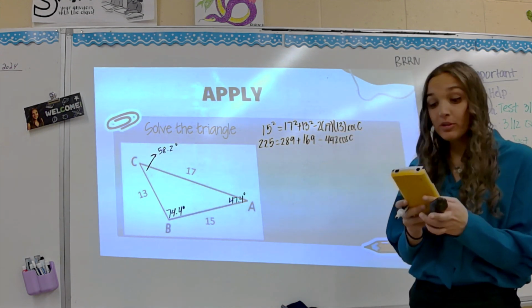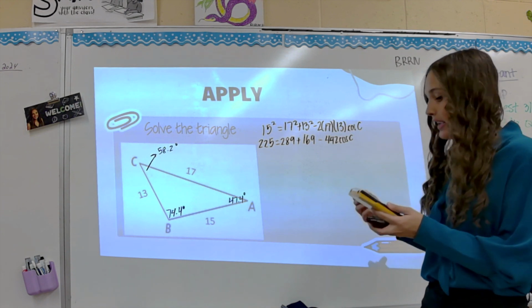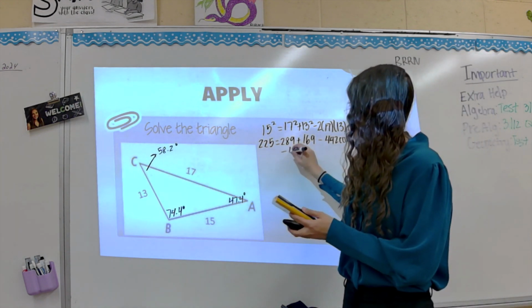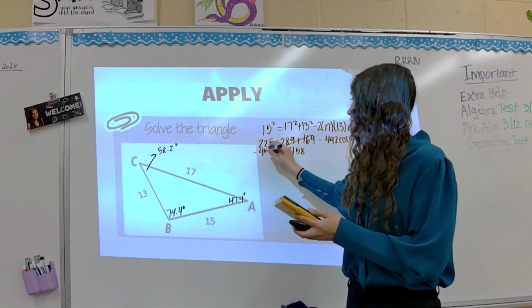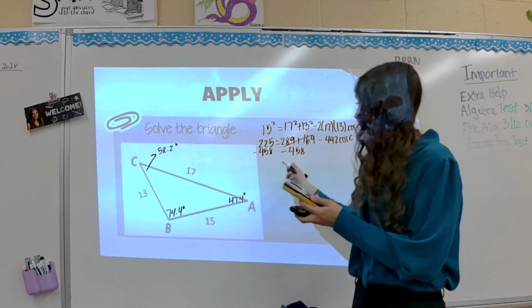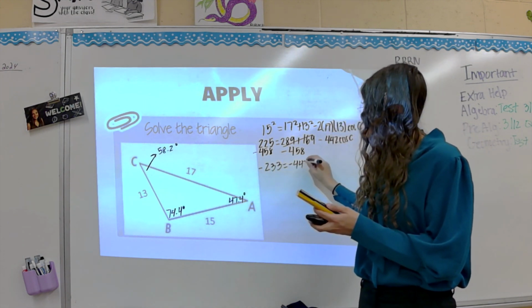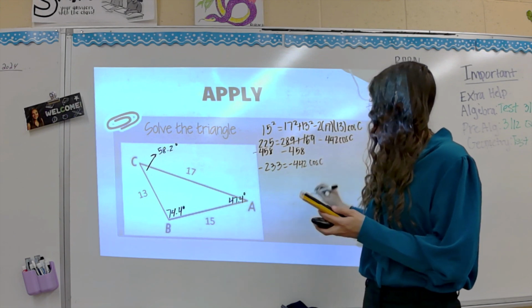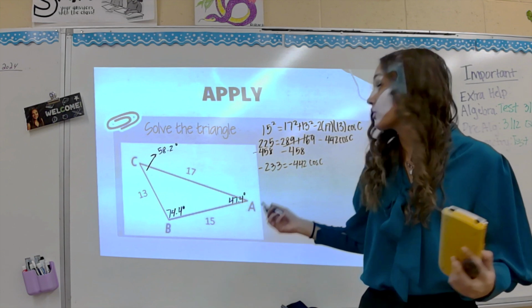Then what I'm going to do is 289 plus 169, and I get 458, which I'm going to move over. So I get 225 minus 458, and I get negative 233 equals negative 442 cosine of C. I'm going to divide this over and take the inverse cosine.